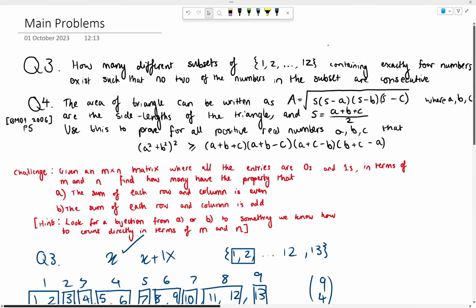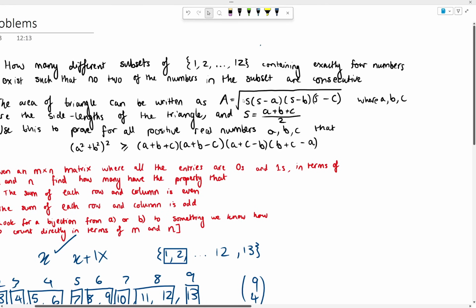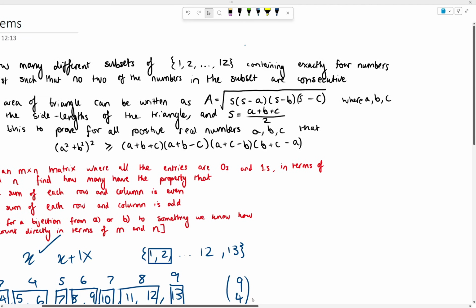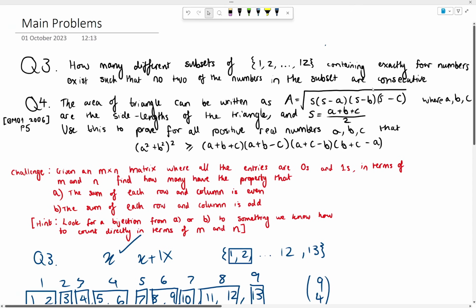So the final problem is an inequality that I thought was quite interesting. It says the area of a triangle can be written using this formula, which is called Heron's formula. Where a, b, and c are the lengths of the sides of a triangle, and s is known as the semi-perimeter, which is half of the perimeter.